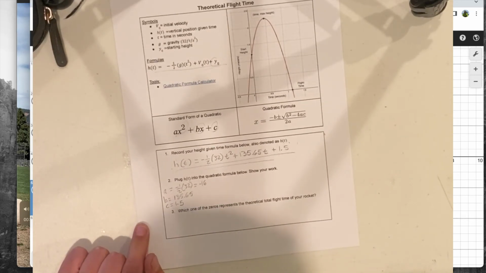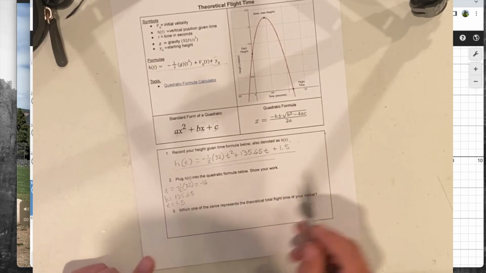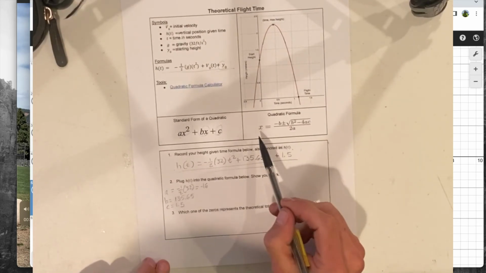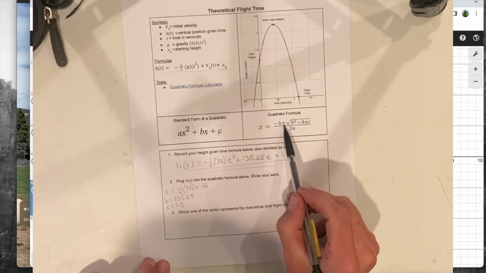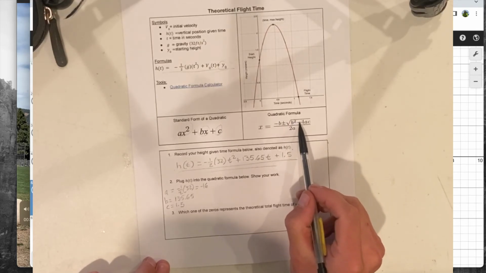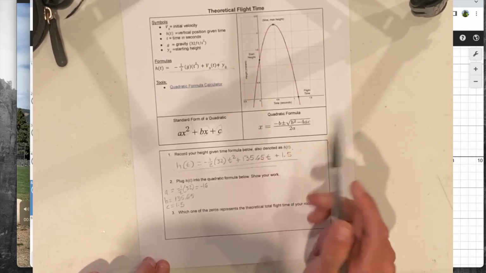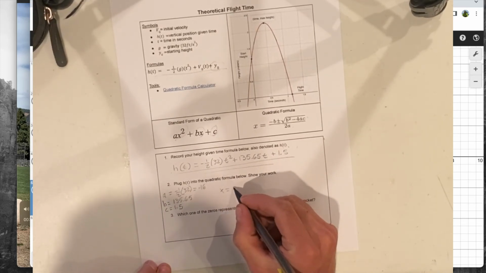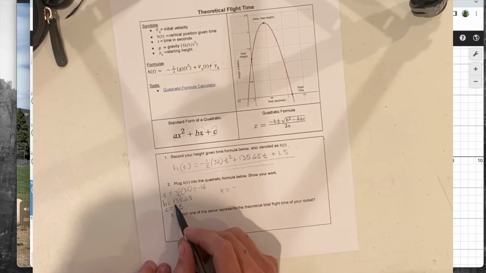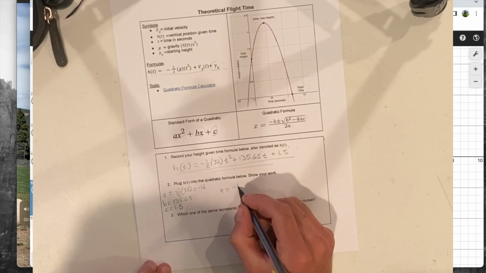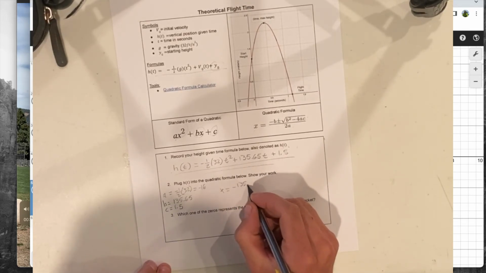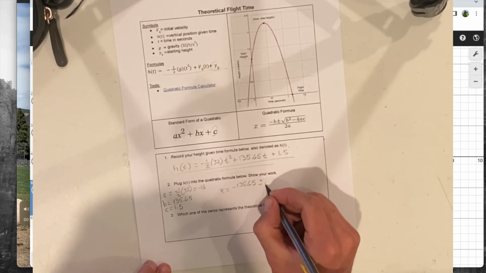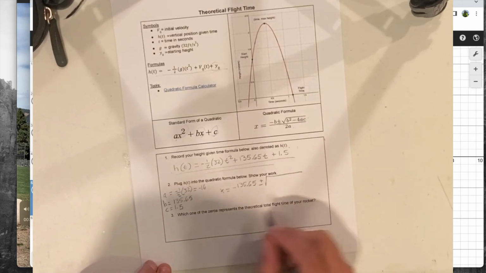And so to actually finish this question, what I need to do is plug this into the quadratic formula, which is x equals negative b plus or minus the square root of b squared minus 4ac all over 2a. And so I'm going to write out x equals negative b. Our b is 135.65, plus or minus the square root of b squared.